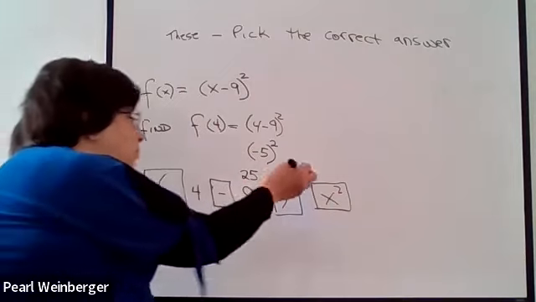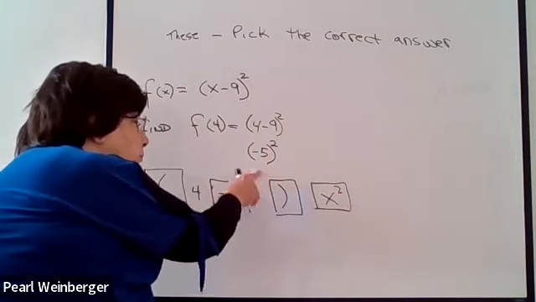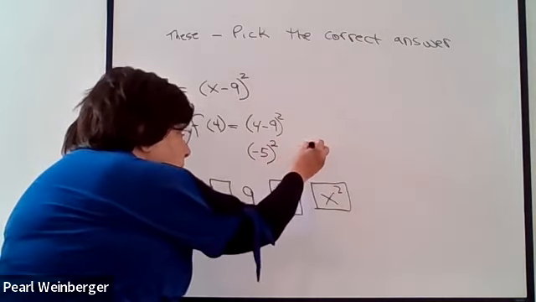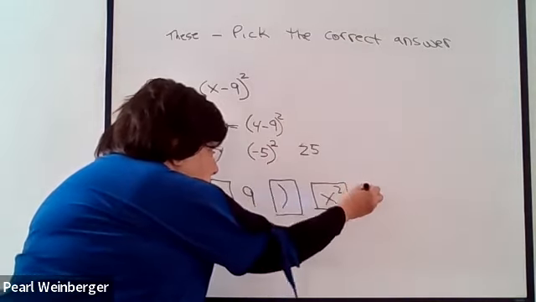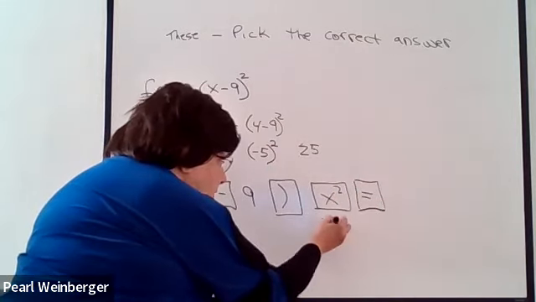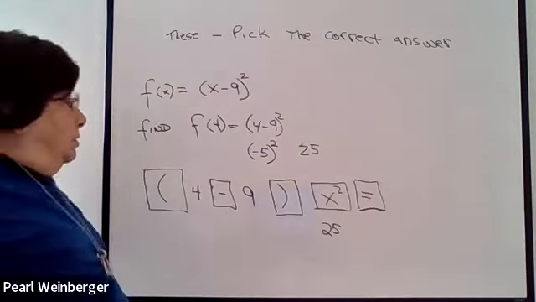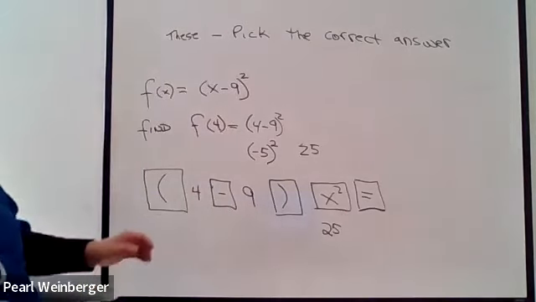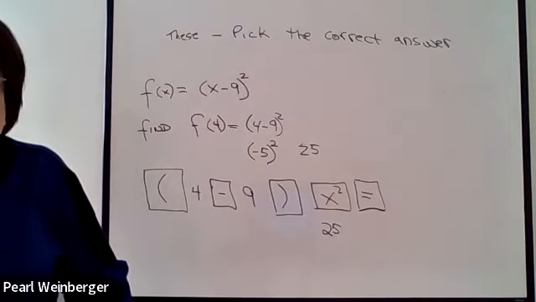Of course, if you then press equal or enter, your answer will come out to be 25. If you have a calculator, I think you should try it just to make sure you know how to use these buttons.